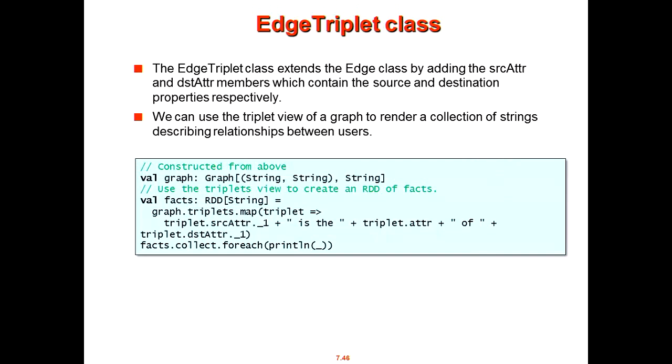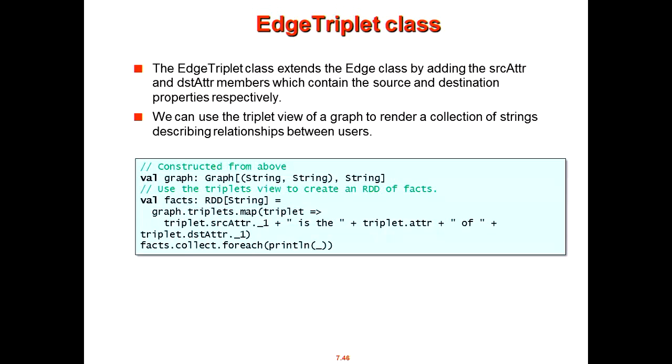This edge triplet class contains the edge class, but adds the source attribute and destination attribute members. Previously, the edge class only contained source ID, destination ID, and edge attribute, but now it has source attribute and destination attribute, together with the source ID, destination ID, and edge attribute.